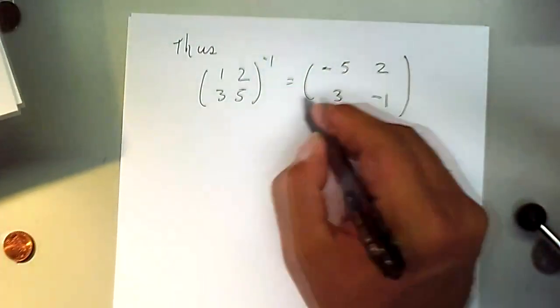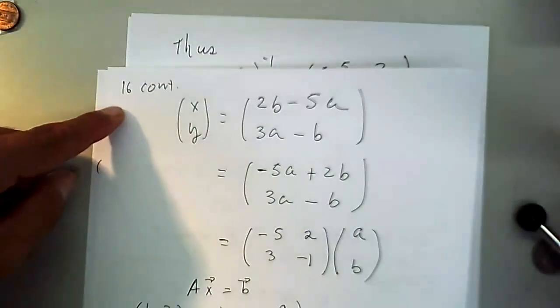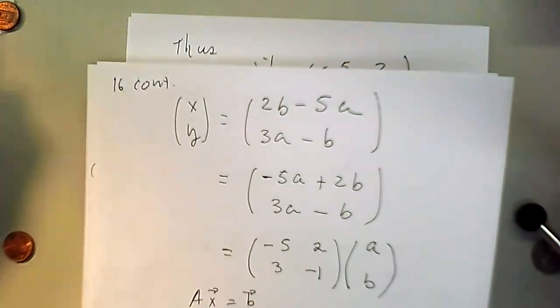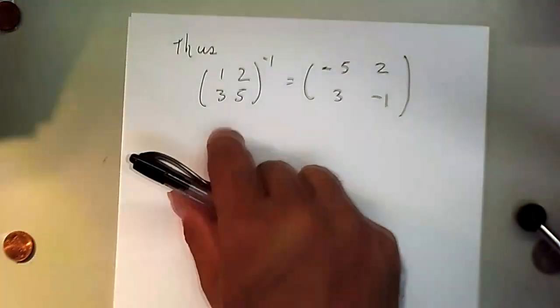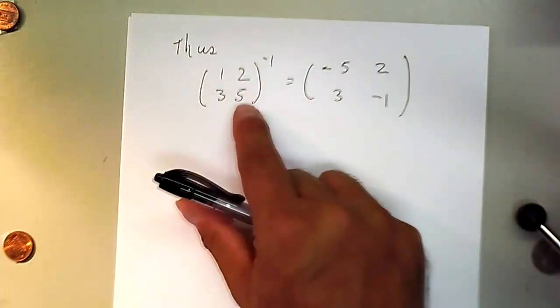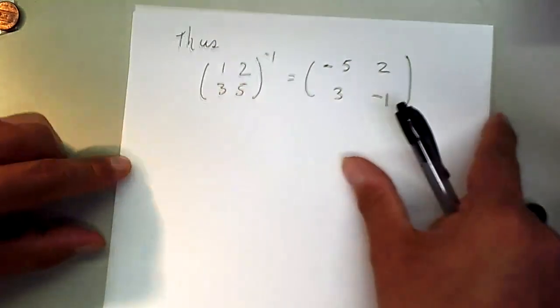And figuring this out is a process, the same kind of process as we did when we were actually solving the system of equations in general. Okay, so this is the inverse of the matrix 1, 2, 3, 5.